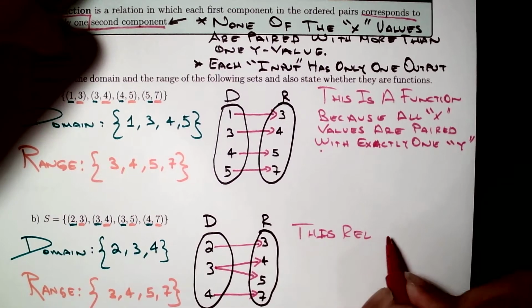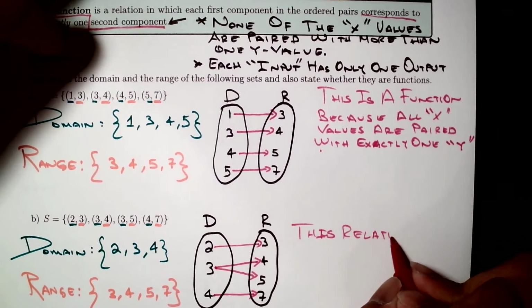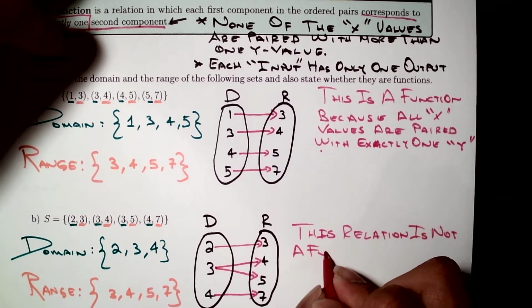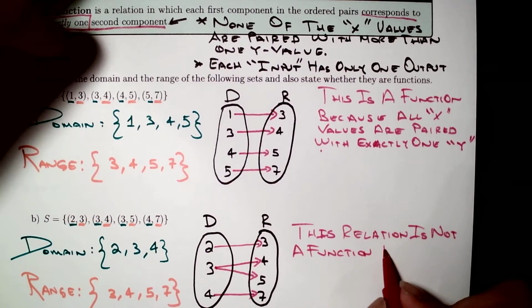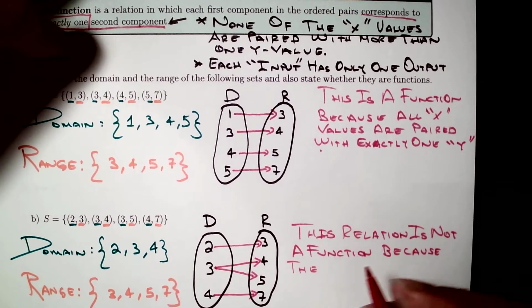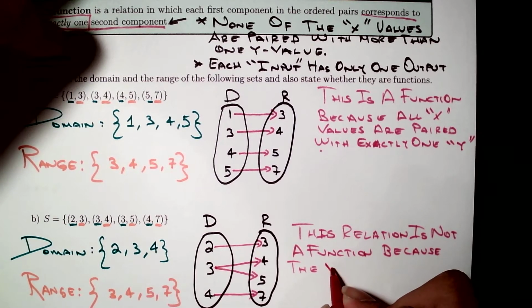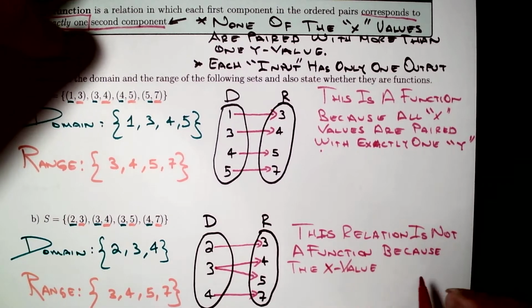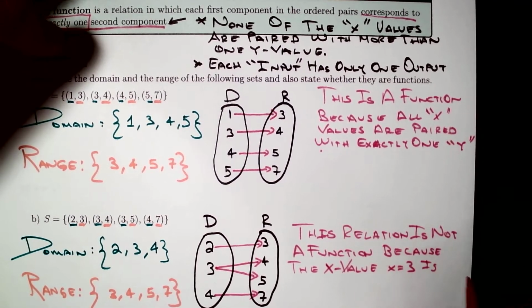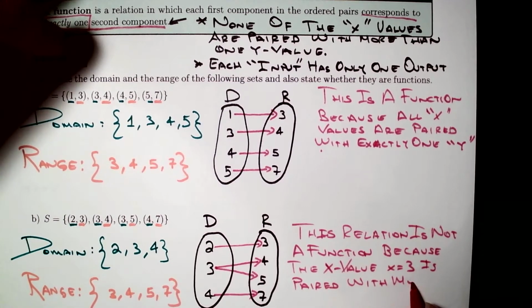well, it's still a relation of points because there is a relation of values, but in this case it's not a function, because the input, or the x value, x equals 3, is paired with more than one y value.